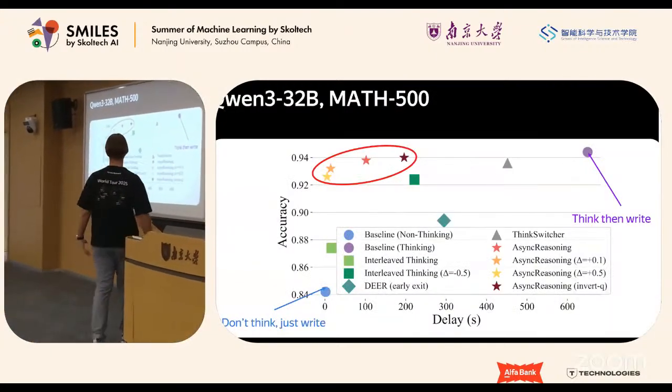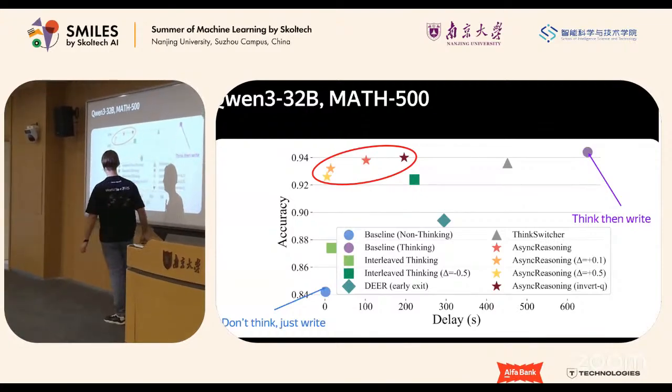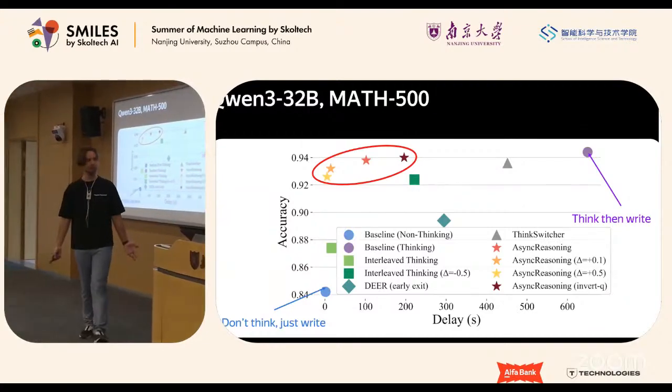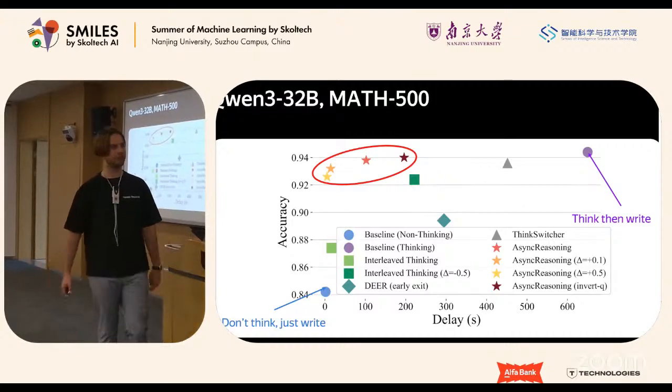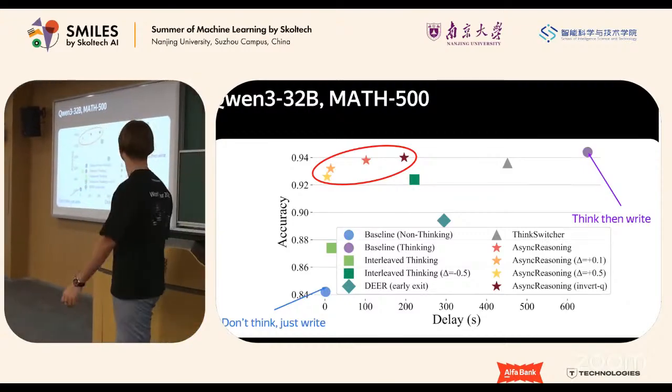Let's look at the graph. These two points are baselines, one of which is the thinking baseline. The other is the non-thinking baseline. I think the names are enough to introduce them.